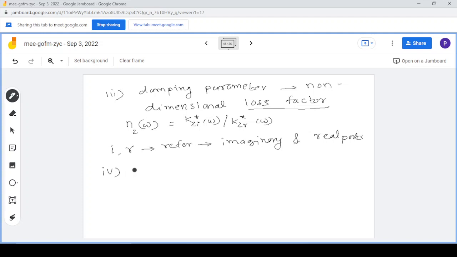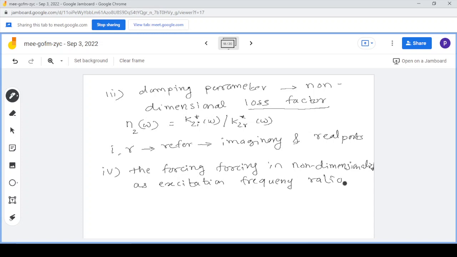Now the fourth factor, the forcing frequency. The forcing frequency is non-dimensionalized as the excitation frequency ratio, omega by omega 0, and which is denoted as omega.